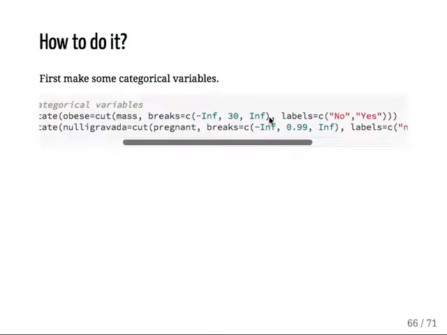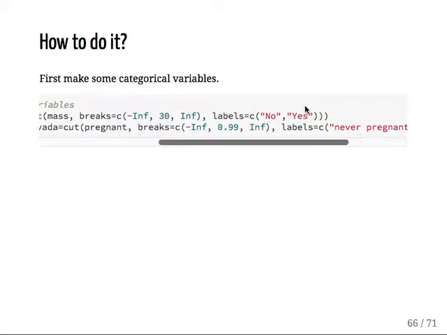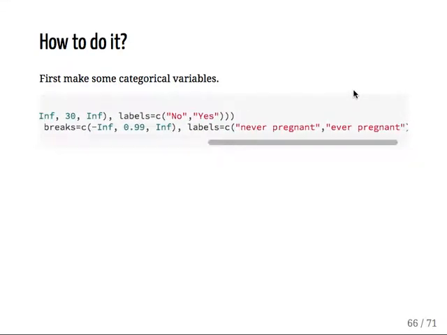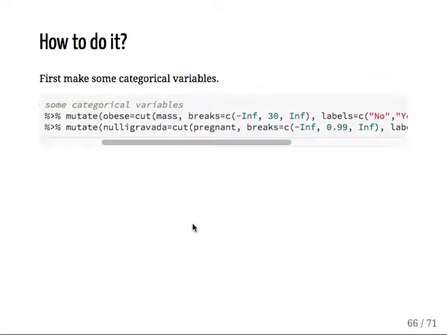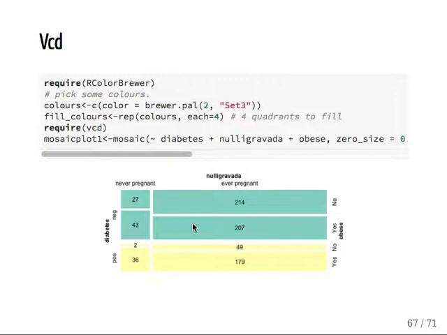This uses mutate and then putting in breaks and cutting to get the variables. So here I generate categorical variables, just for ease of illustration, because this data set doesn't have any nice categorical variables to play with.